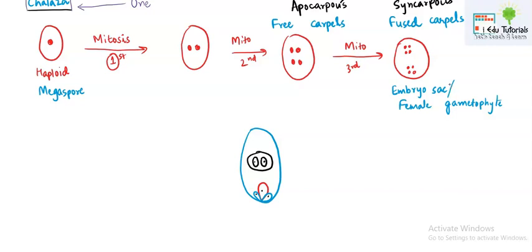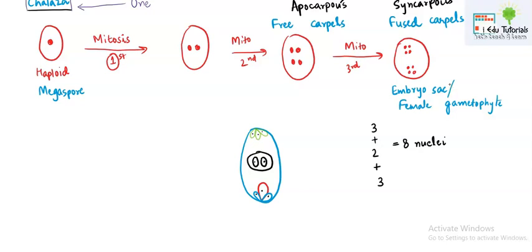These are the 3 cells, and these cells are also 3 in number, and each will have a nucleus. So they will arrange in a 3, 2 and 3 fashion. So 3 plus 2 plus 3, that means we have arranged our 8 nuclei. This is very, very important.